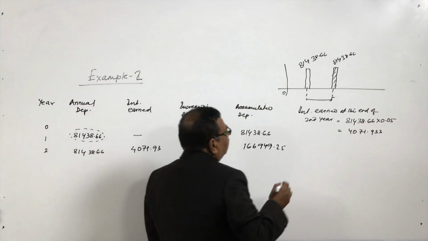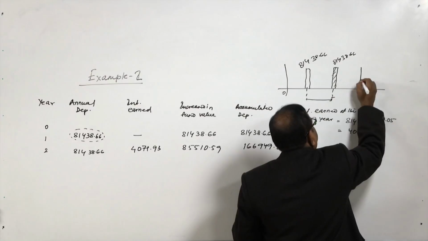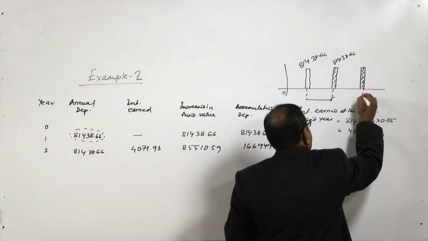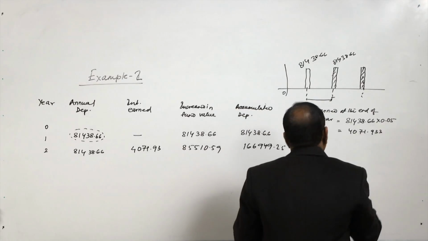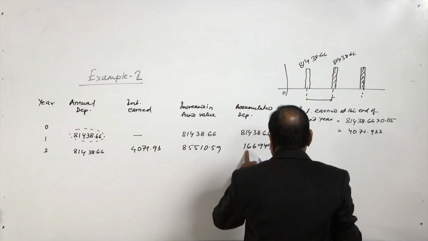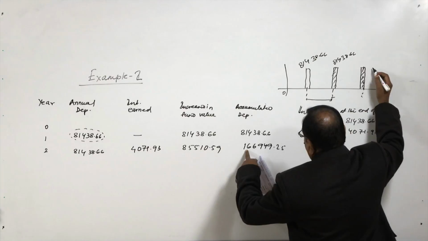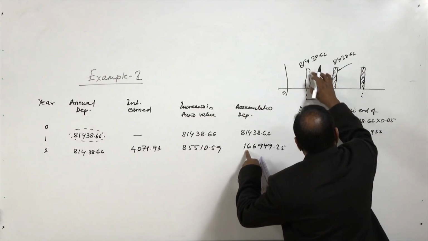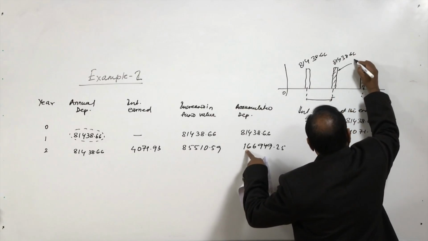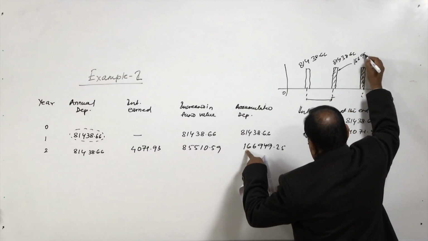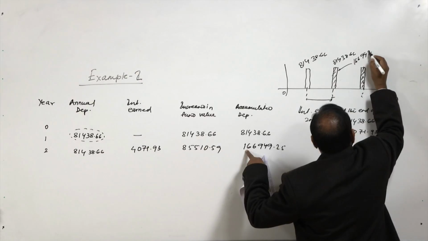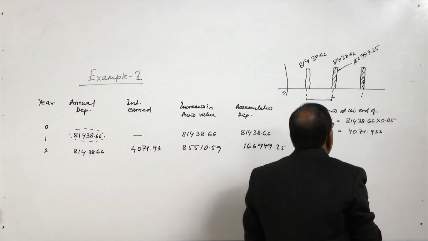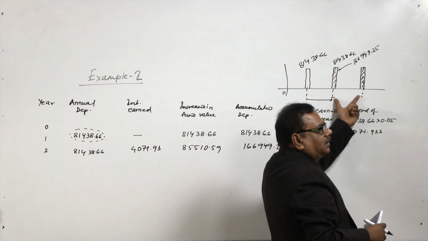Now, in the third year, at the second year the accumulated value is this, plus interest of this, it comes out to be 166949.25. So, this will earn interest for 1 year.